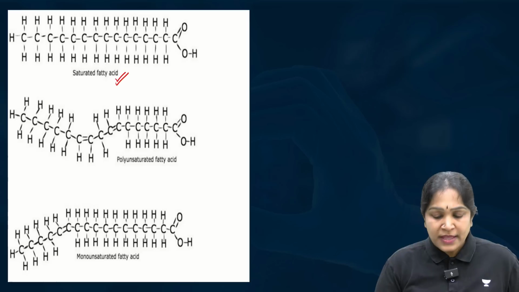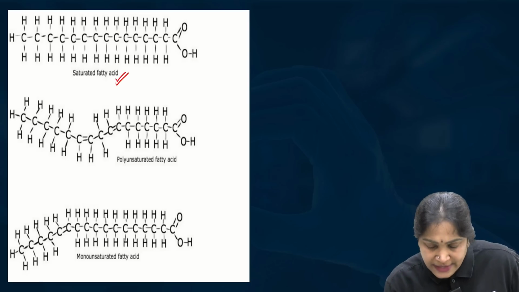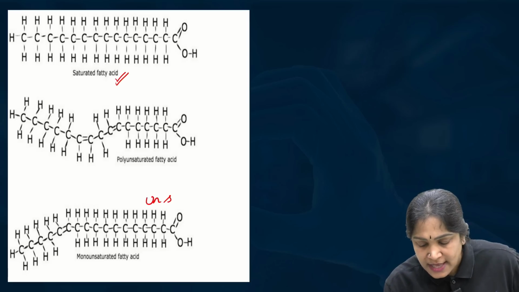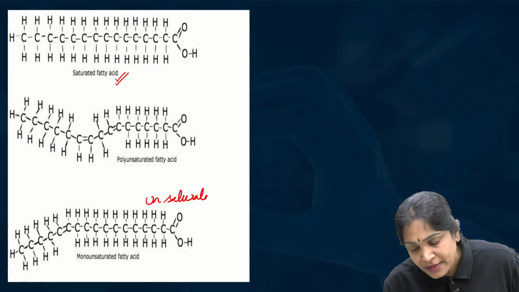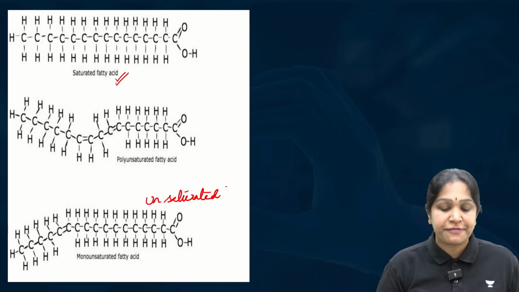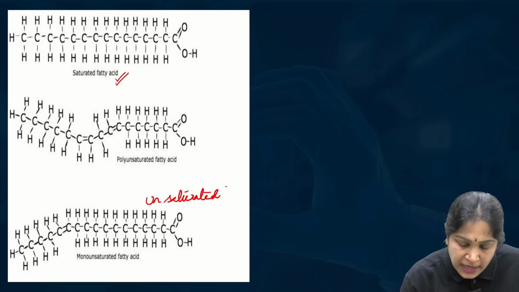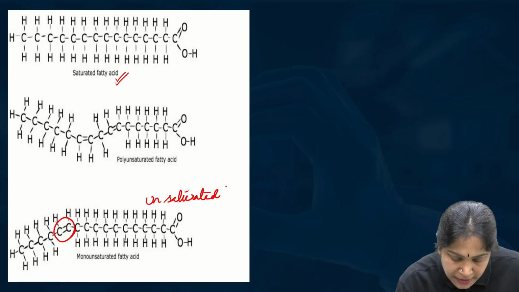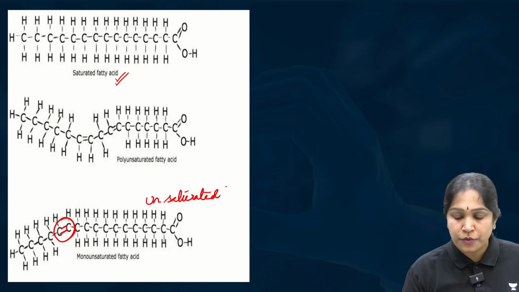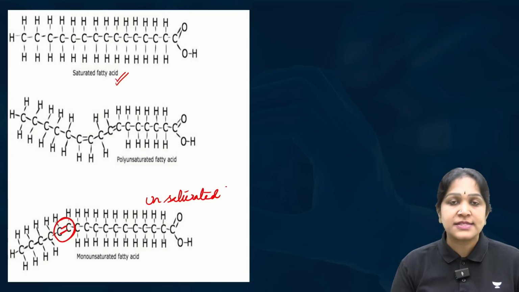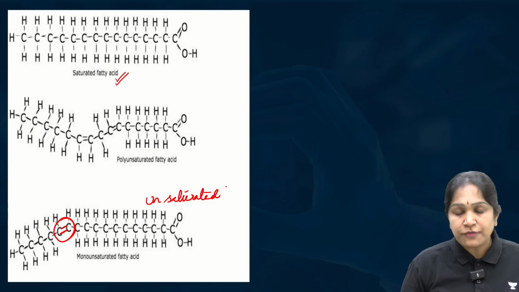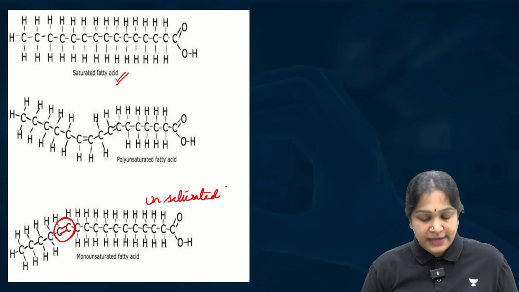And here this is an unsaturated fat. Why is this an unsaturated fat? Because you can observe a carbon-carbon double bond. This is a double bond. Therefore, we call this an unsaturated fat. But what kind of an unsaturated fat is it?